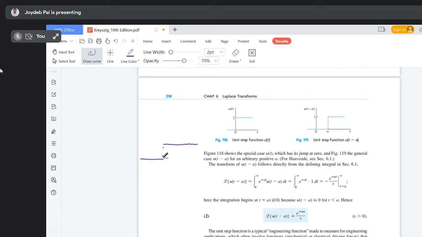So that unit step function or Heaviside function is not continuous at t equal to a. At other points the function is continuous, but t equal to a point में continuous नहीं. Okay.